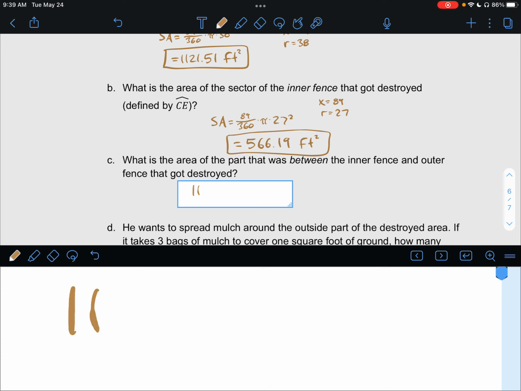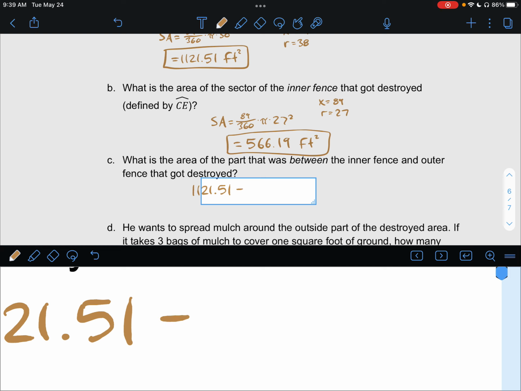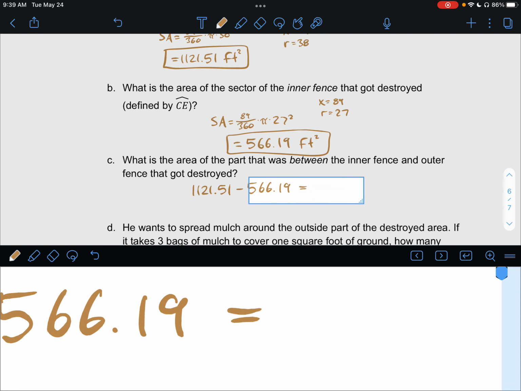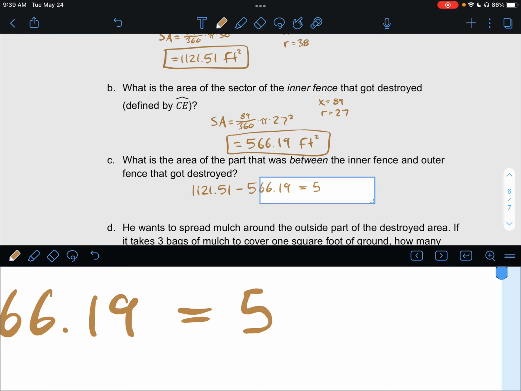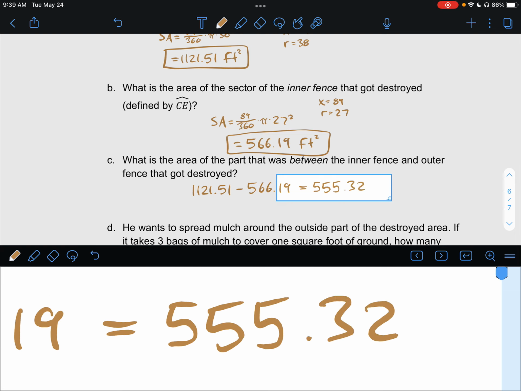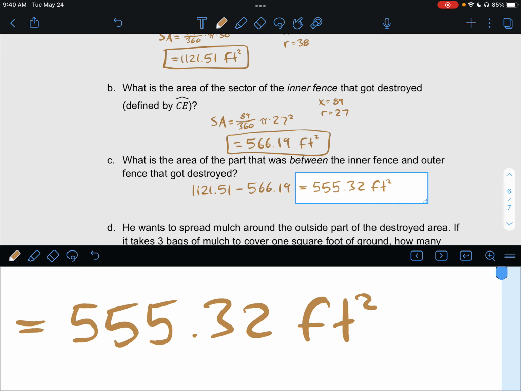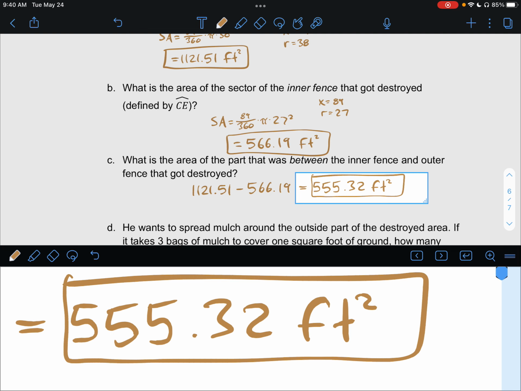I just have to do 1,121.51, which is the entire thing, minus the inside part, 566.19. So when I do that in my calculator, 1121.51 minus 566.19 equals 555.32. And this is area, so feet squared. That's my answer.